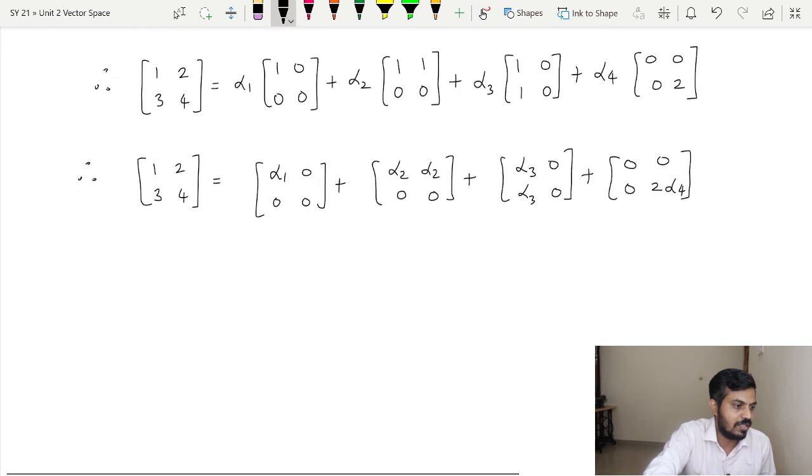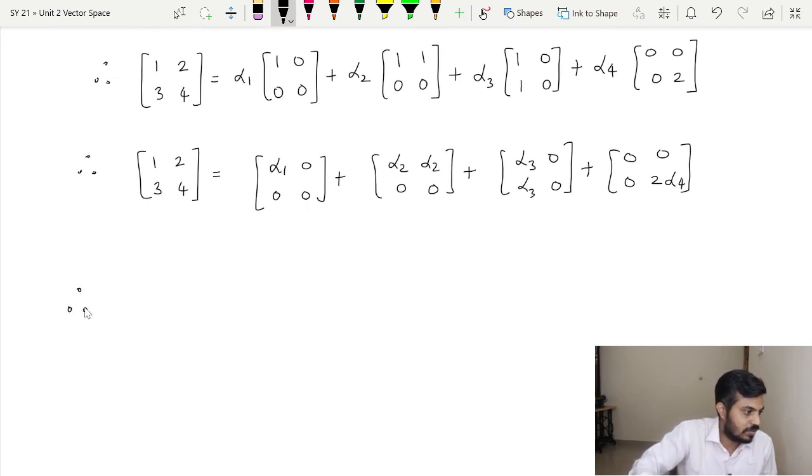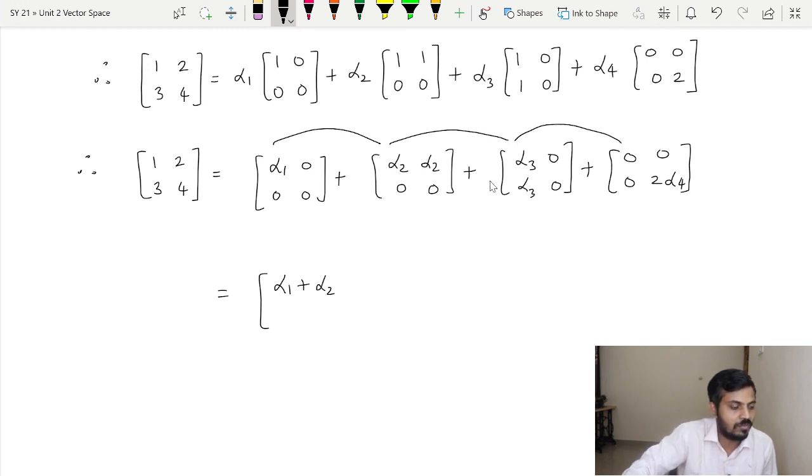So this will be therefore, or you can say directly this is equal to alpha 1 plus alpha 2 plus alpha 3 plus 0, so it will be alpha 1 plus alpha 2 plus alpha 3. Similarly 0 plus alpha 2 plus 0 plus 0, that will be alpha 2 only, and similarly here I will have alpha 3 and 2 alpha 4, but note on the left hand side we are having 1 2 3 4.